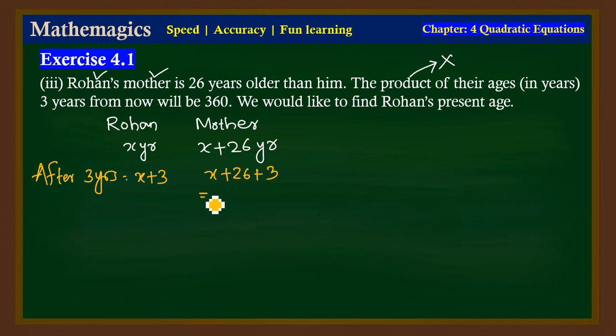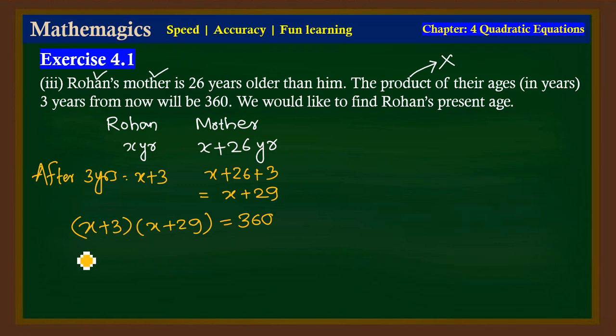That can be written again as x plus 29, since 26 plus 3 becomes 29. And the question is saying the product of their ages 3 years from now will be 360. So according to the question, x plus 3 into x plus 29, the ages of both the people, is equal to 360. So simply just multiply.